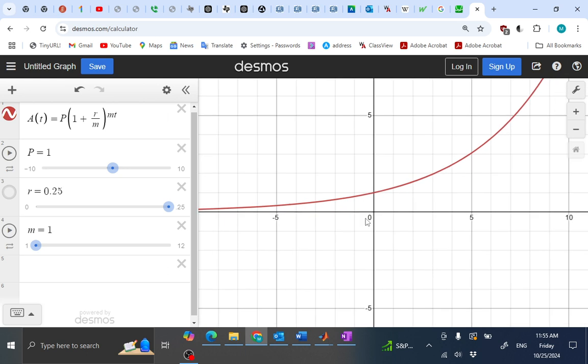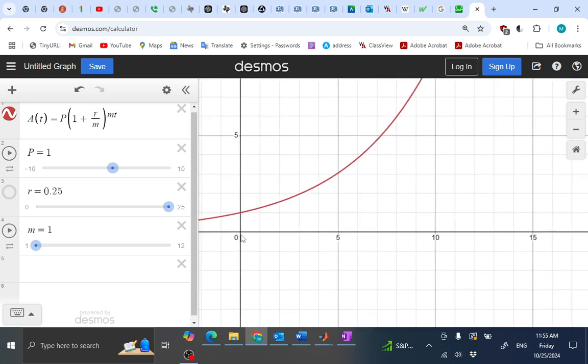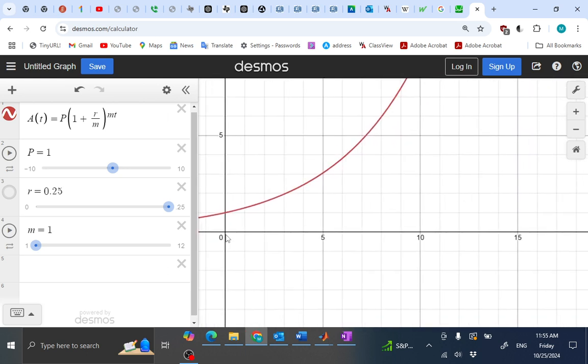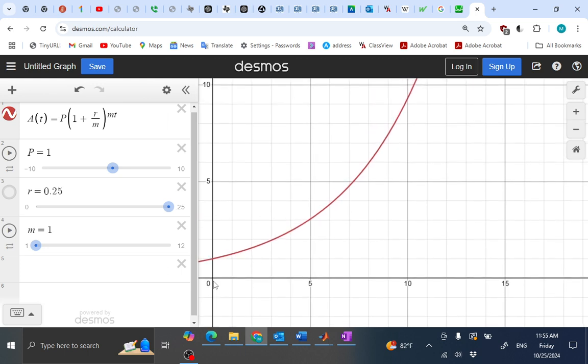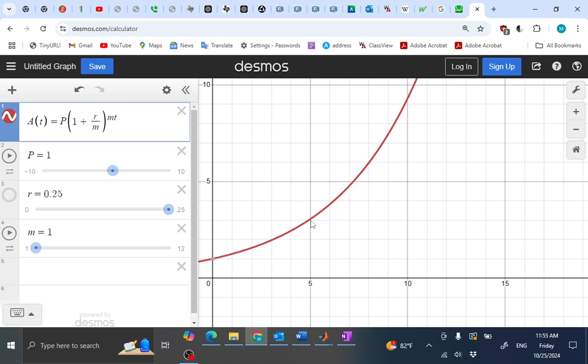I don't want to go backward in time, so I slide my picture to the left, maybe down. So what does this graph mean? This, for example, after 5 years, $1 at the rate of 25% is going to amount to almost $3.